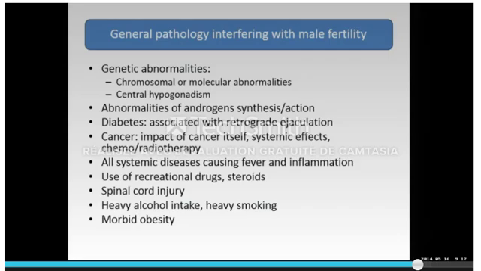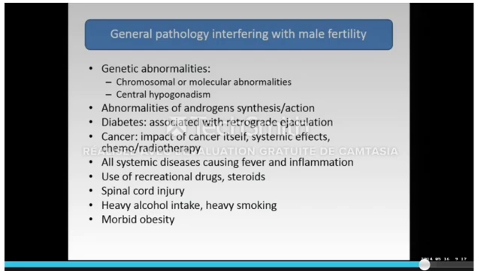You have the abnormalities of androgens synthesis or action, diabetes, and diabetes also, its prevalence is increasing in Europe and in America, and diabetes most frequently is not associated with spermatogenesis alteration, but rather with retrograde ejaculation. It means that at the time of ejaculation, the sperm, instead of going out, is going up in the bladder.